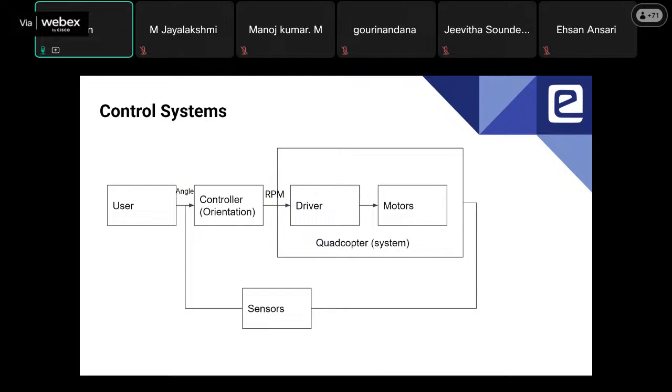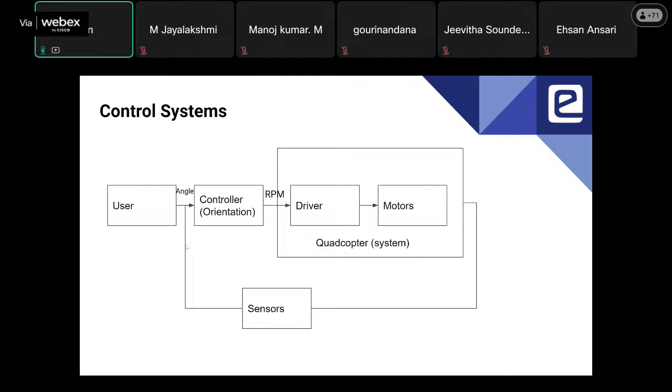Then 0 minus 10, we will calculate that error, and the controller will provide the necessary motor velocity until that error becomes 0. So until this entire system comes to a 10-degree pitch, the controller will give the velocity. After that, the error is 0, and your required motion is achieved.